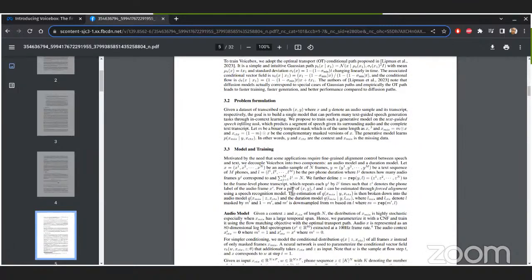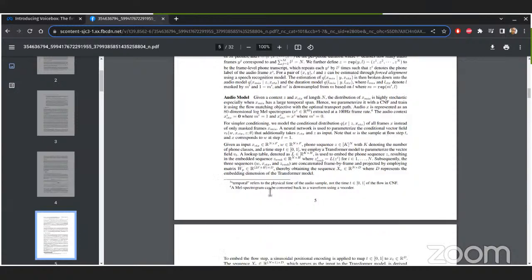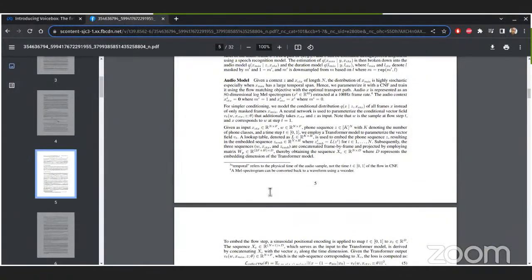After they formulate the problem, they divide the model into 2 parts: an audio model and a duration model. For the audio model, they are predicting missing audio frames given a context, again using the normalizing flow model.